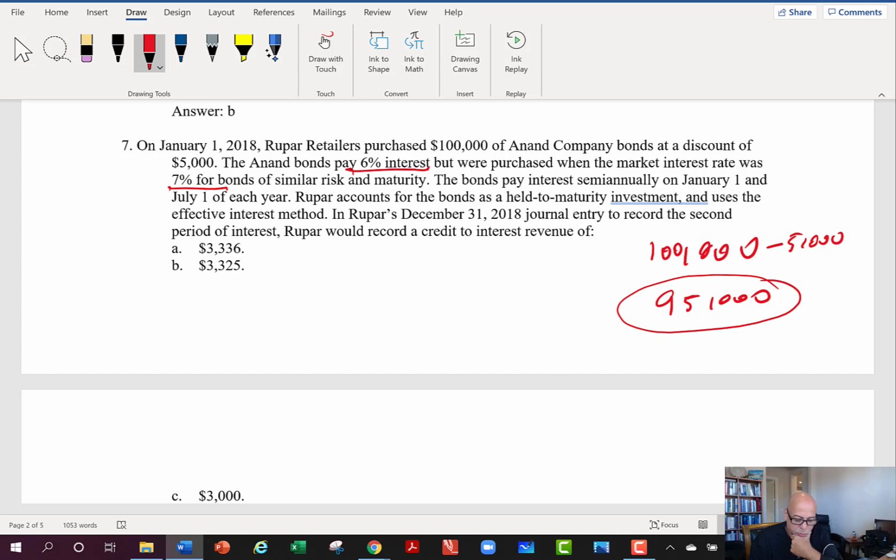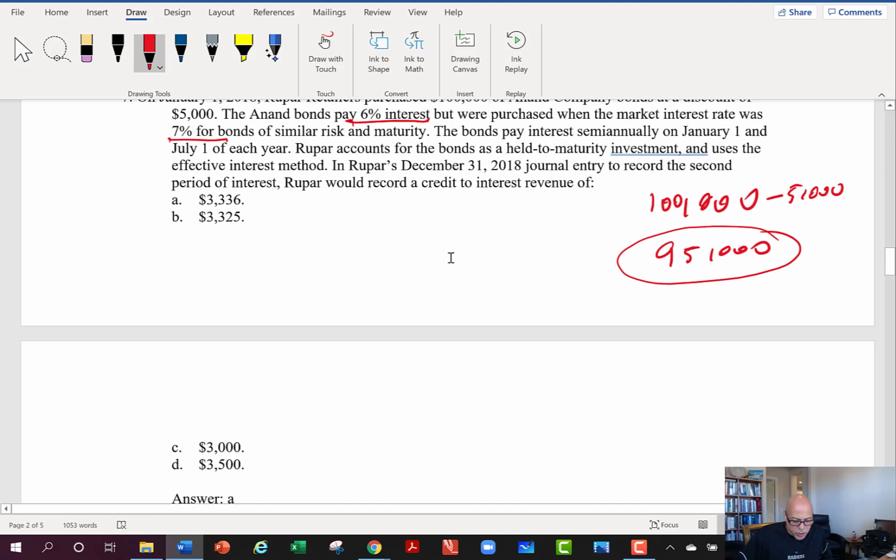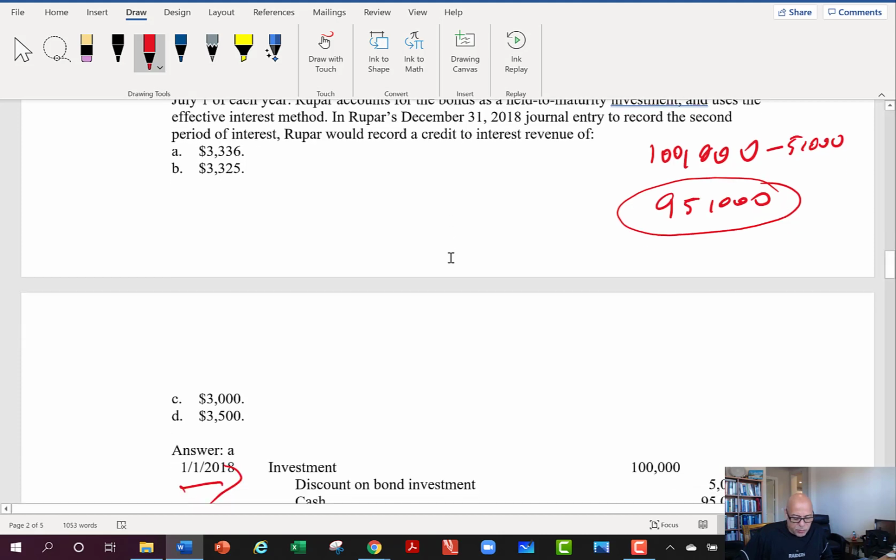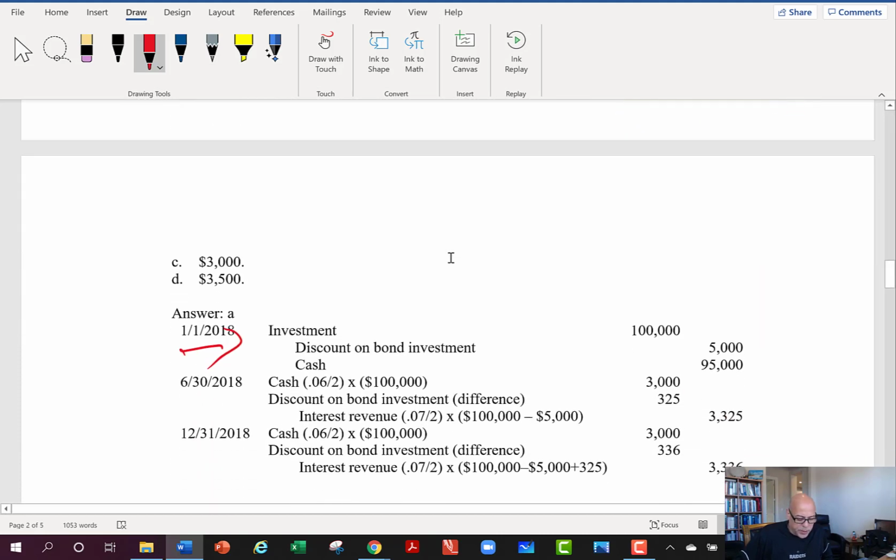In Rupar's December 31, 2018 journal entry to record the second period of interest, we would credit interest revenue of... and guys, when you get asked a question like that and they ask you about the journal entry, credit, debit, my advice to you is make all the journal entries. Just take your time.